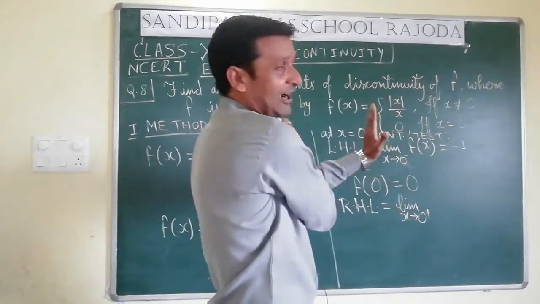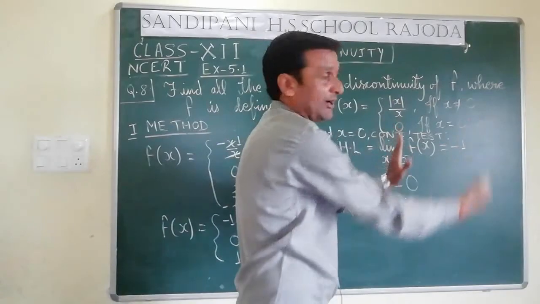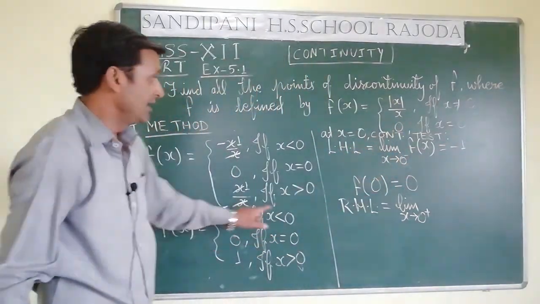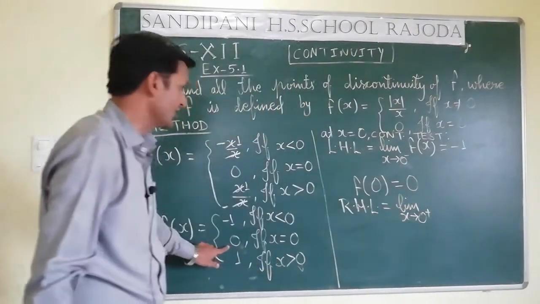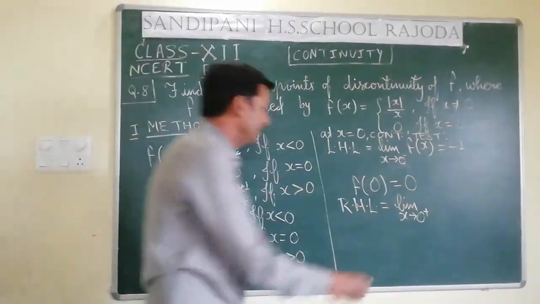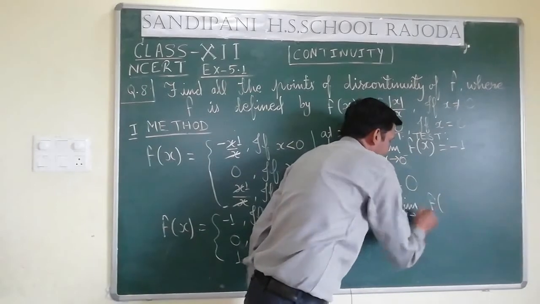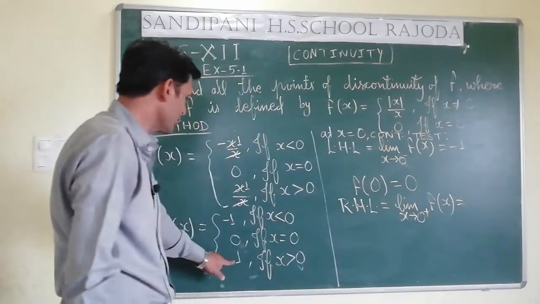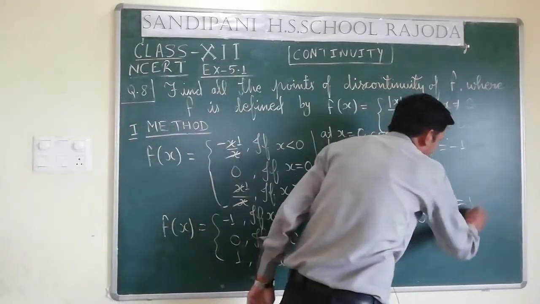That's why it is left hand limit and this one is right hand limit. So, in case of left hand limit, it is minus 1. In case of f of 0, it is 0. In case of RHL, limit x tends to 0 plus f of x, directly we know here also that it is 1 because x is not there.